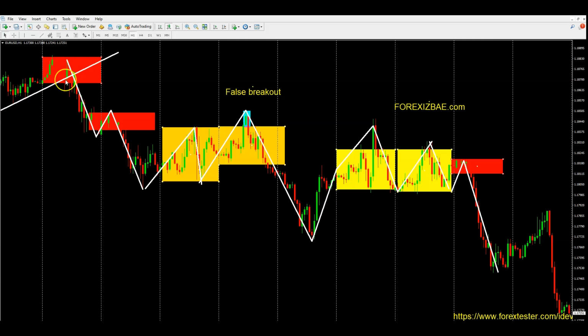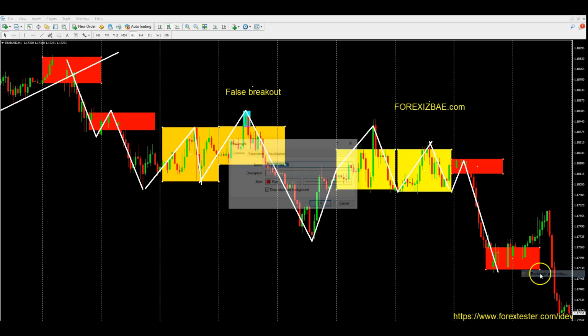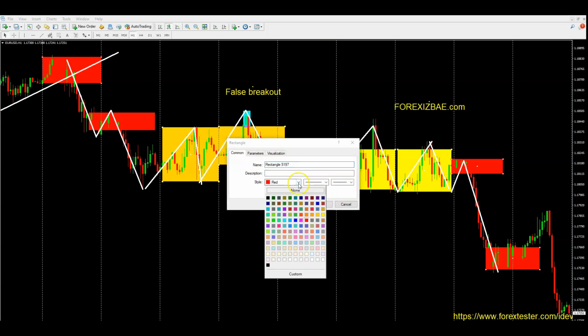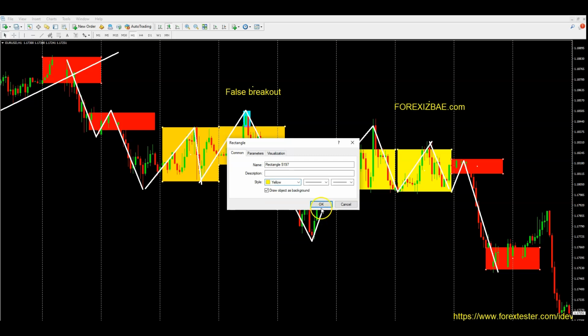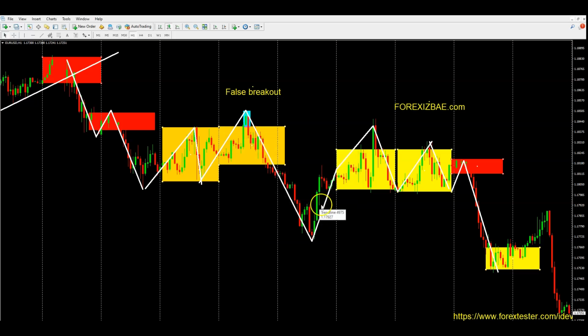Okay, let's get our insert shape rectangle. This is foolishness, so we're gonna make this yellow. You can make your foolishness line whatever color you want, or box, shall I say.